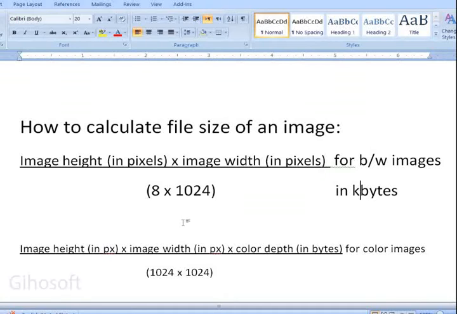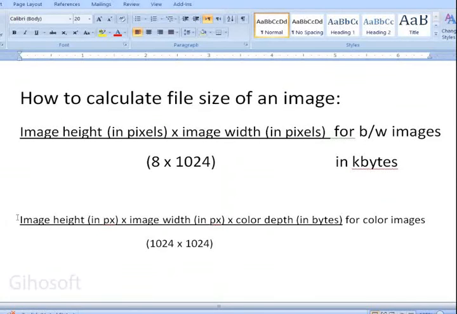Okay, if you have been given a colored image, then you can simply follow this formula: image height in pixels multiplied by image width in pixels multiplied by color depth in bytes, and just this part would give you the answer in bytes.